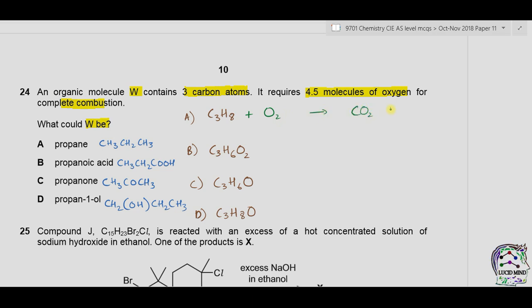Now let's write the chemical equation for combustion. CO2 and H2O is formed. The molecules of oxygen are given. It is 4.5 molecules of oxygen, so we can write 4.5 in the balanced equation.